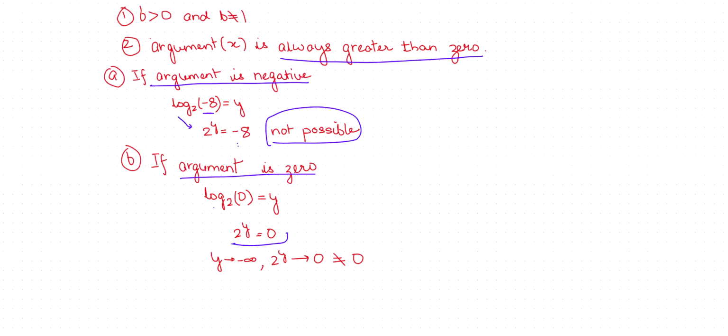So even if we keep y as a high negative value like negative infinity, 2 raised to power y would tend to 0 in that case. 2 raised to power negative infinity will be 2 over infinity, which will tend to 0, but it will never be equal to 0. So that's why an argument of 0 is not possible. So our argument will always be greater than 0, not 0 or negative.